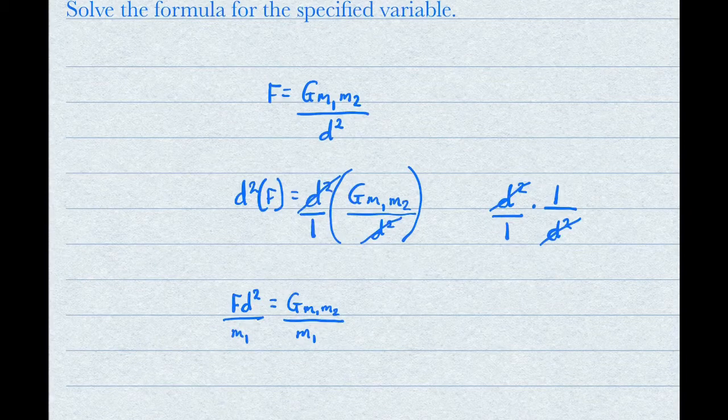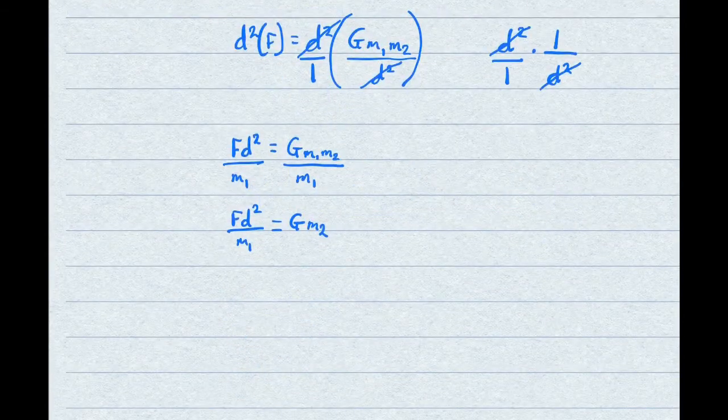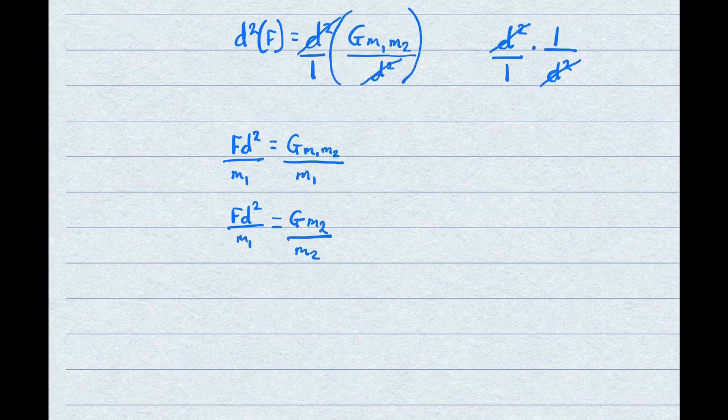You could do this, and then you'd have f times d squared over m1 equals g and m2. And then after that, you divide both sides by m2. And you'd end up with this, f times d squared over m1 times m2 in the denominator.